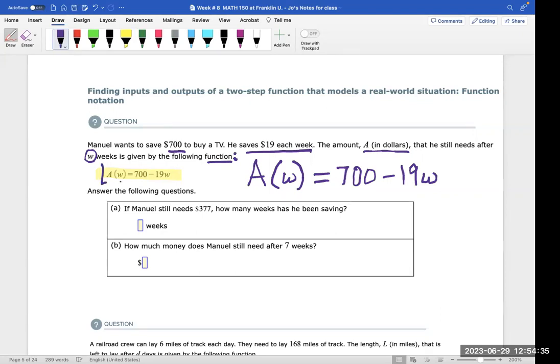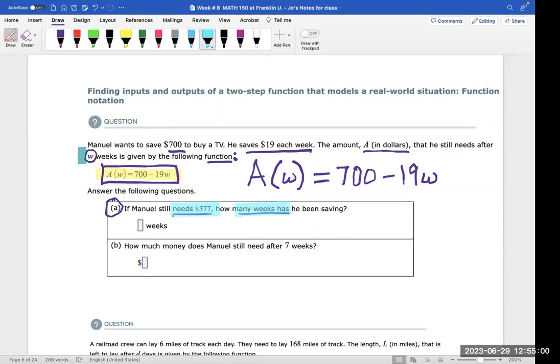So they're giving us the function. It's true, don't have to ask. Part A: if Manuel still needs $377, then how many weeks has he been saving? Where students get messed up here is figuring out, is that your A of W or is that your W?